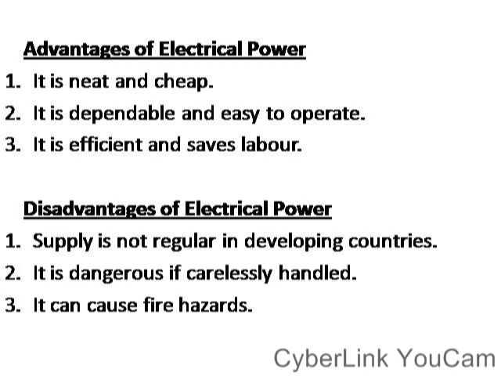The next one is it is dangerous if carelessly handled. It can make one to be electrocuted if carelessly handled, and it can cause fire hazards. For example, if a machine is operated by electrical power and it is overused, fire hazard can occur.